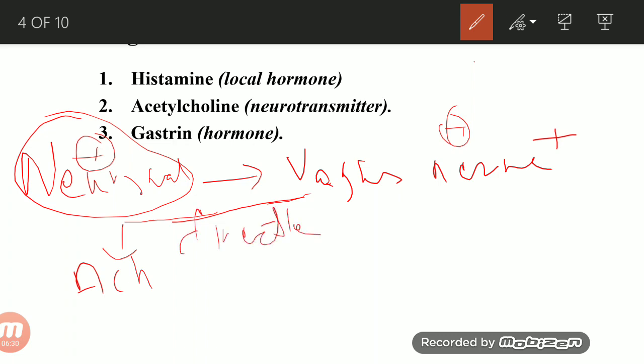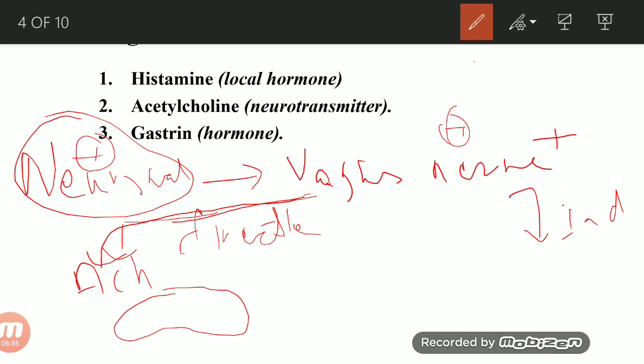Now vagus control can act directly, and it can act indirectly, and cause secretion of H plus ions. You are thinking about food, you smell food, you see food, anything related to food activates your vagus nerve.